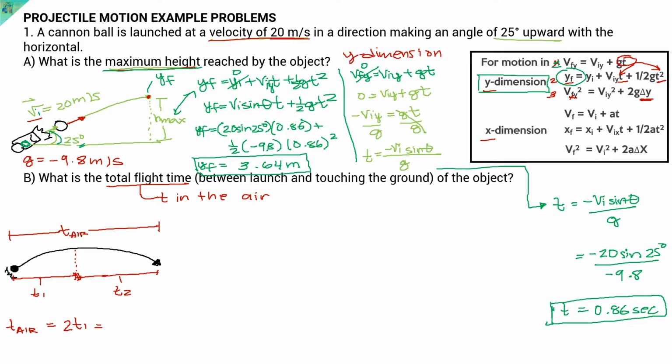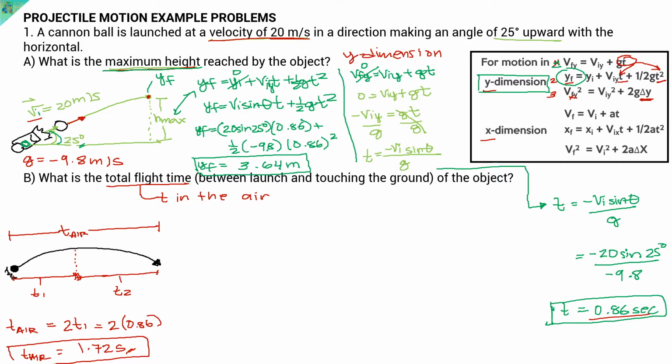So let's write it down. 2 times 0.86. You plug that in your calculator, and that should be 1.72 seconds. Okay? So that's the first strategy in searching for the time in the air for our situation here.